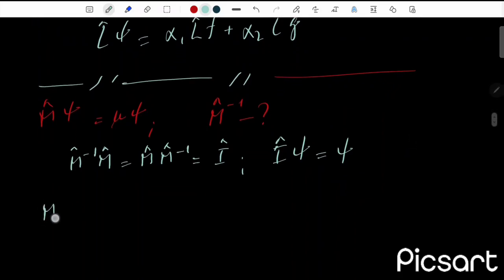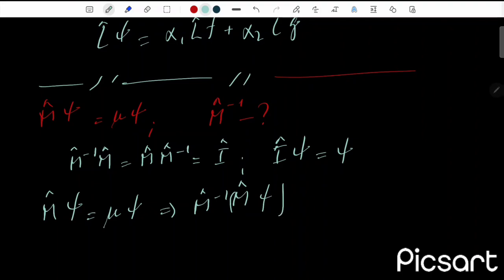Now we can follow to try to obtain the eigenvalues of the inverse of the operator M. M is acting on psi and we get mu times psi. Then if we apply the inverse of M to this product, we get the inverse of M times mu times psi.